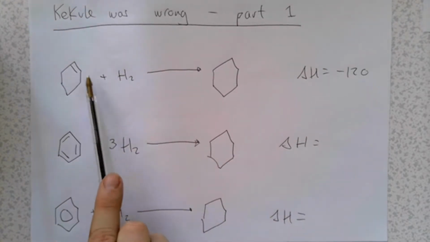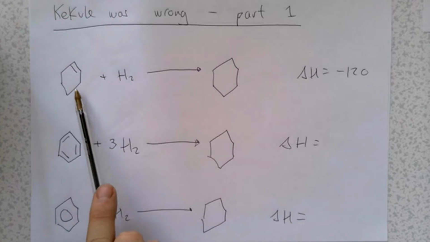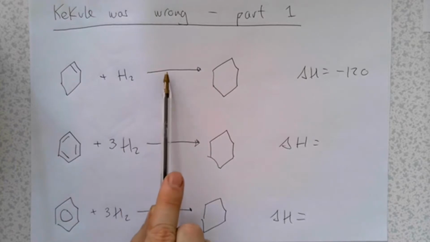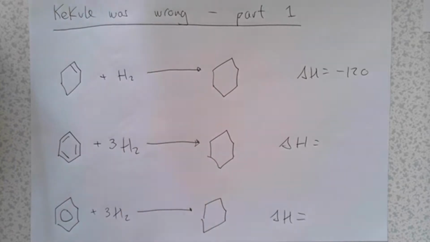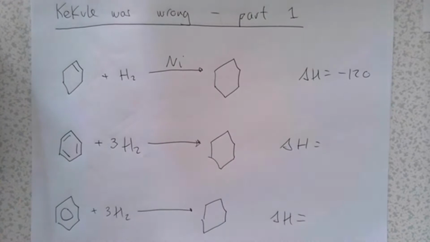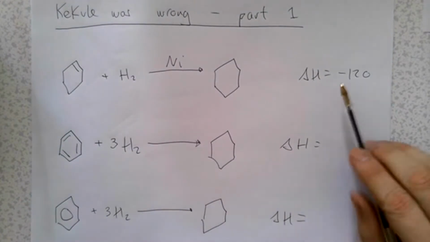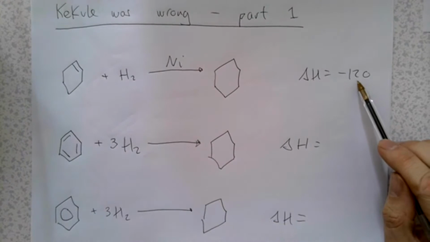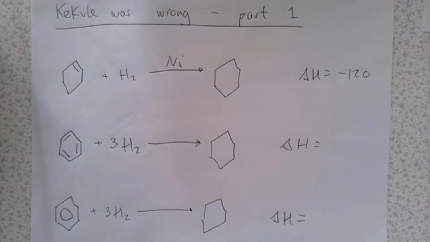It was very well known that if you take an alkene, so cyclohexene, and you hydrogenate it, you can just have a little think about what catalyst we'd need for this. It'd be a nickel, wouldn't it? Yeah, to hydrogenate an alkene takes a nickel catalyst. Experiments were done. It was found it took minus 120 kilojoules per mole to do that.